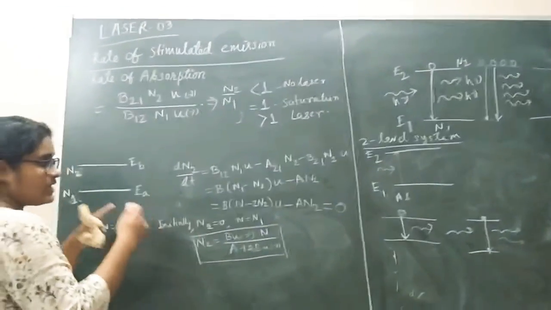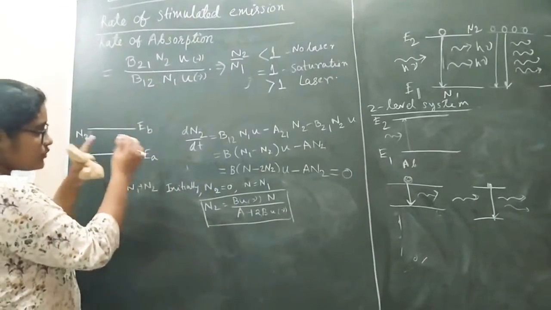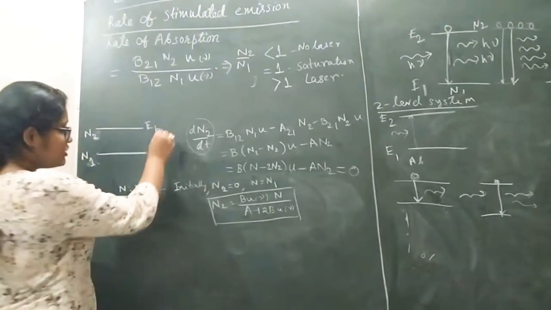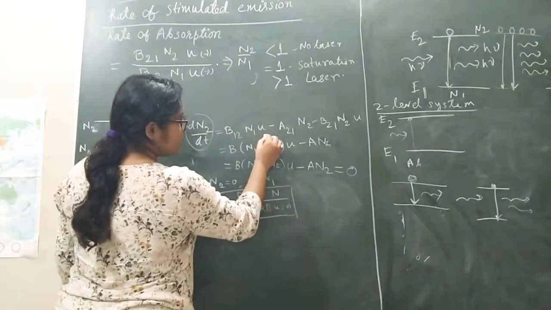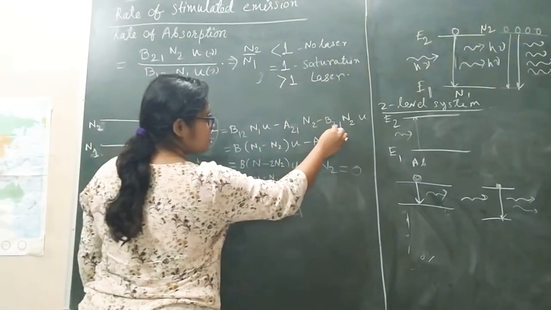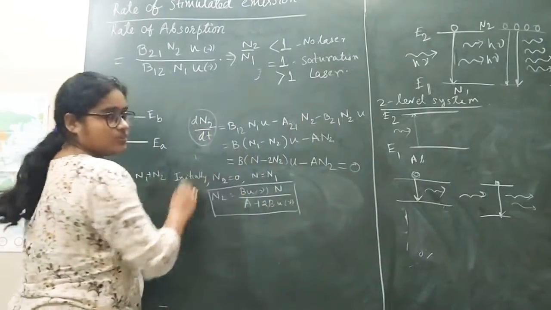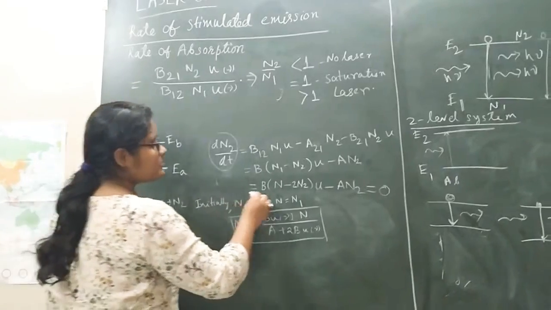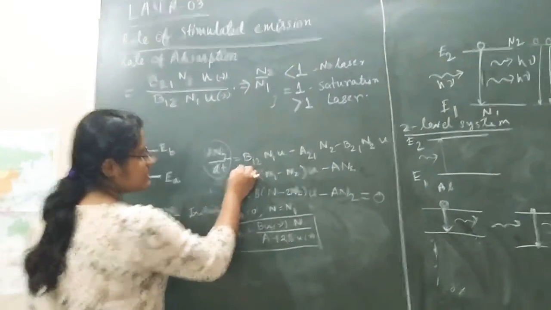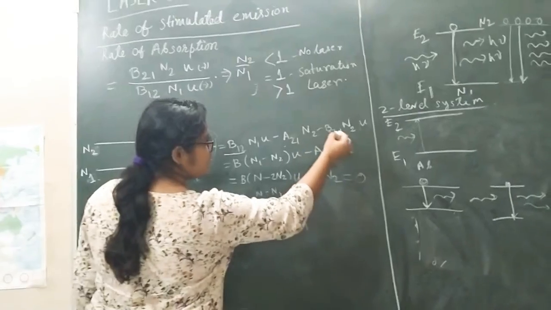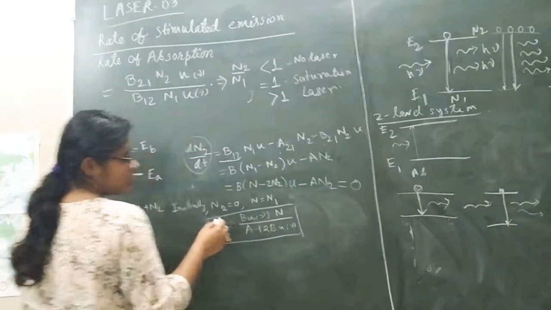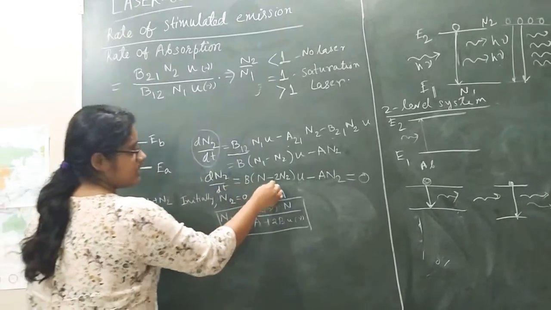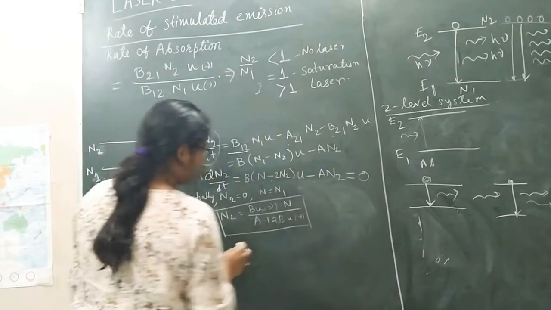Now if we write this in terms of equations, the rate of change of N2, that is the population at level 2, equals B12 N1 U minus A21 N2 minus B21 N2 U. In terms of Einstein coefficients, if you write B12, A21, B21 as B or A, you will get the final equation dN2/dt equals B into (N minus 2N2) U minus A N2 equals 0.